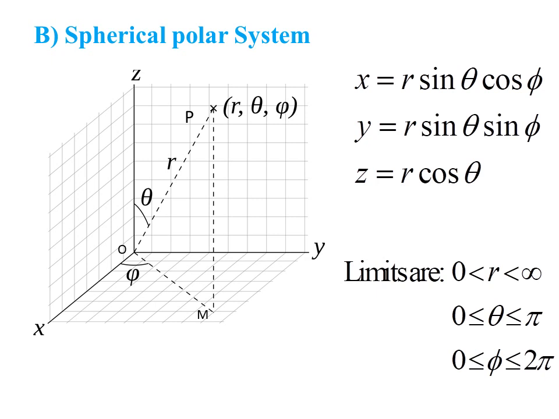As I explained, the limits of r, theta and phi for this system are: r is varying from 0 to infinity, theta is between 0 and pi, and phi is varying from 0 to 2 pi. So this is the spherical polar system, which is very helpful to solve problems.